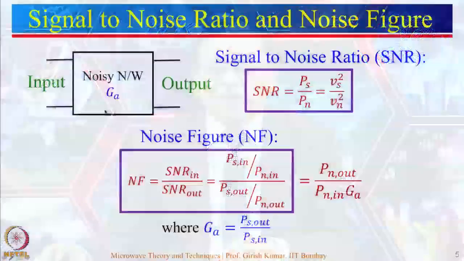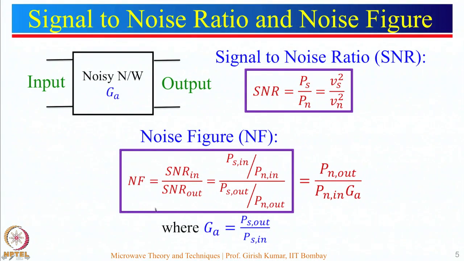So let us just define now the gain of this particular amplifier is GA. So let us find out the expression for noise figure now. So that is signal to noise ratio at input by output. Now of course some noise will be generated by the network. So this particular expression will be always greater than 1. So let us see now, signal to noise ratio at input is given by PS input divided by PN input.